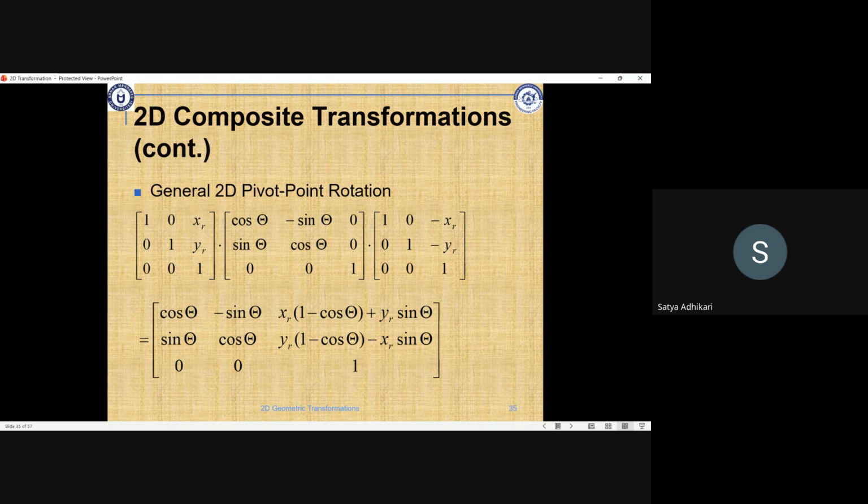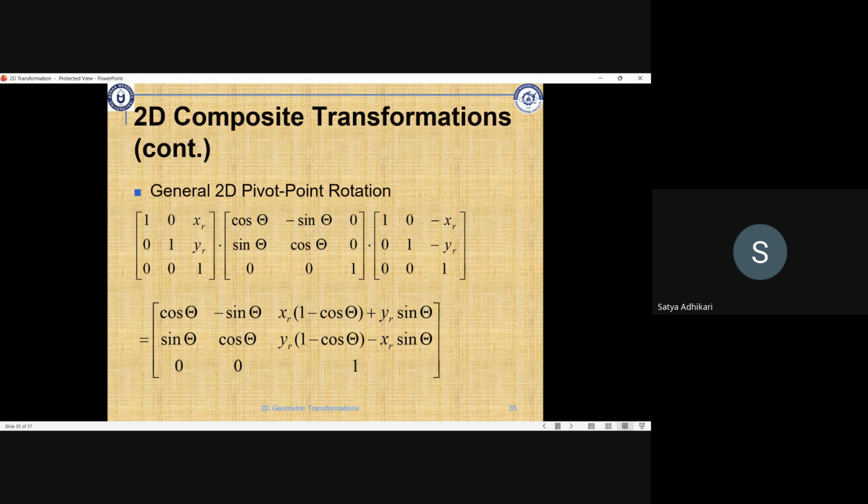But you now have an idea of how rotation takes place with respect to any fixed point other than the origin. This is the idea. Any practical application of this, sir?